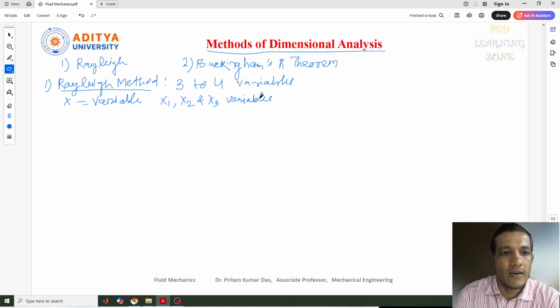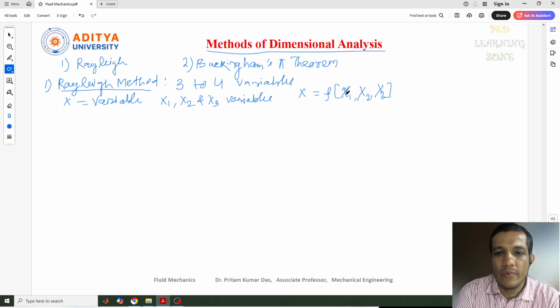So according to the Rayleigh method, x is a function of x1, x2, x3. So we can write x equal to a function of x1, x2, x3.